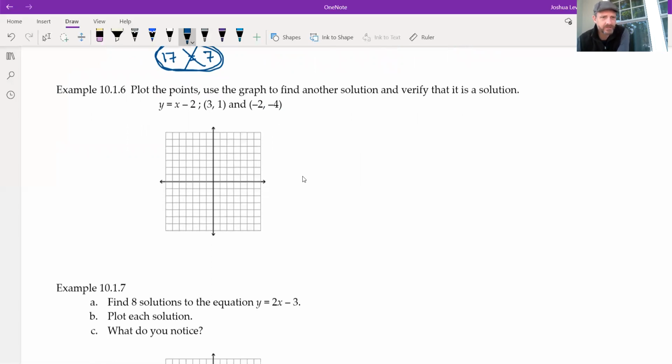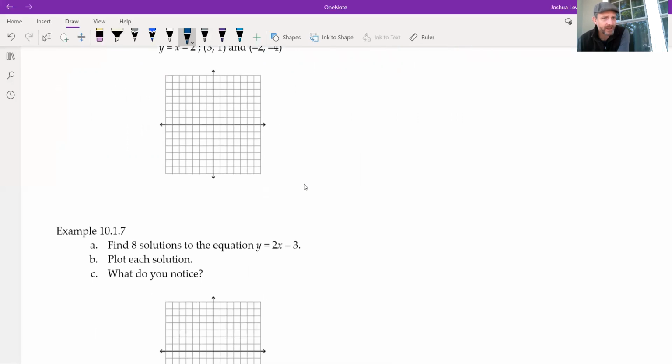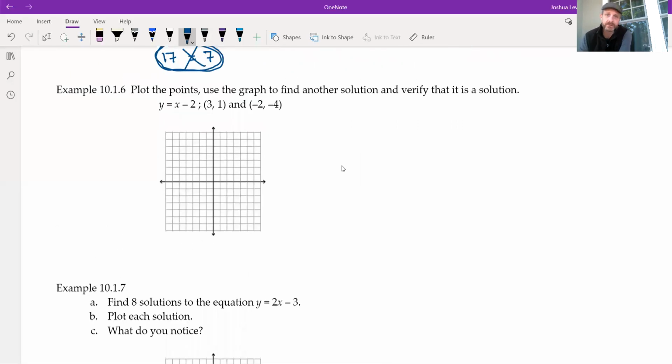And you might know that to find a line or to graph a line, you really only need 2 points. Well, what do I mean by that? Well, where is (3, 1) located? 1, 2, 3, 1. And then (-2, -4): negative 2, negative 4.